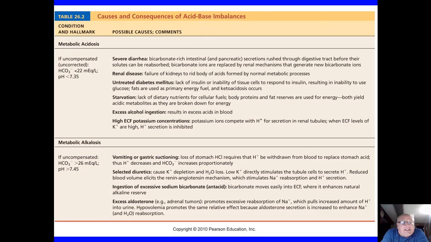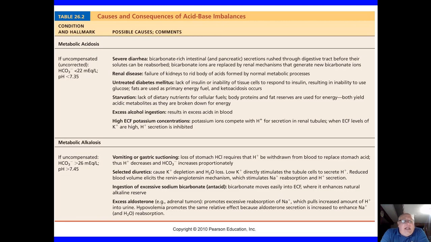Now, let's get to metabolic. I'm only going to touch on a few of these, so you're going to be responsible for them. The endocrine situations and the endocrine controls, I'm going to try to stay a little bit away from right now. What I would tell you is that metabolic acidosis is usually caused in part by factors other than respiration.